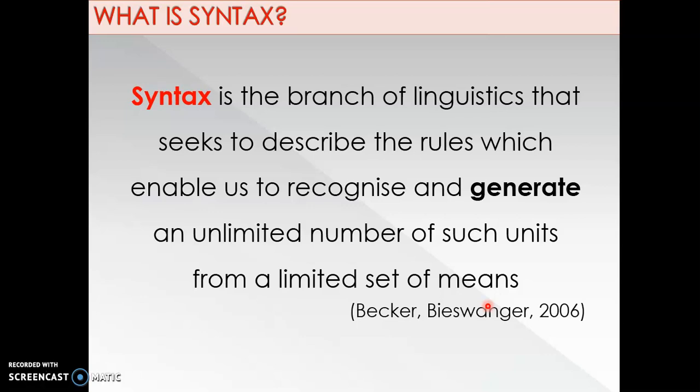Because grammar allows us to generate an unlimited number of sentences, of units, from a limited set of means. So the idea is that grammar multiplies, and you can produce an unlimited number of sentences. And if we link this with the design features of language, we can connect it with productivity.